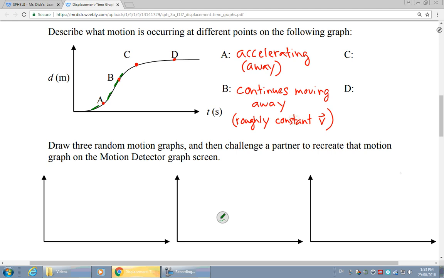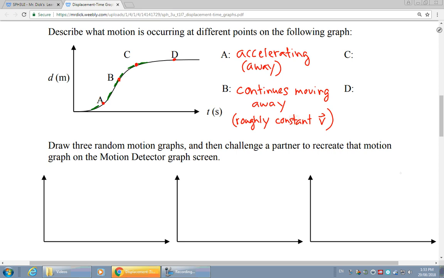At point C, we see the slope just before point C has a certain steepness, and then after point C, it's starting to flatten out a little bit more. And so we're going from more steep to less steep. Anytime that steepness is changing, that means the speed is changing. So more steep means a faster speed, less steep is a slower speed. So this is actually getting slower. As you see around point C, it starts to curve and get less steep.